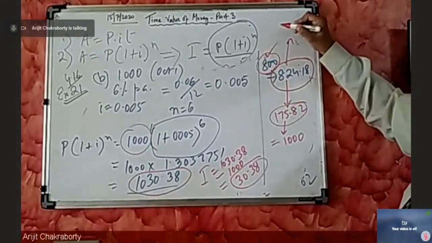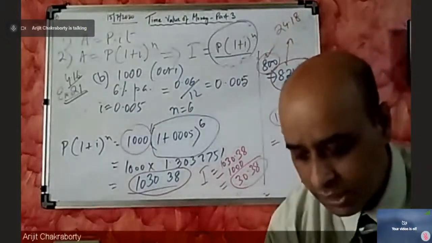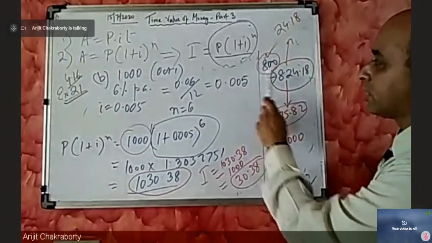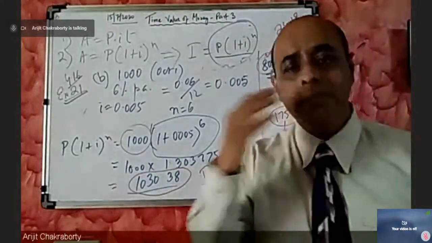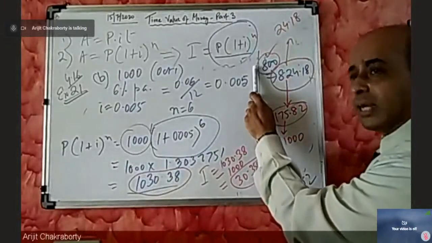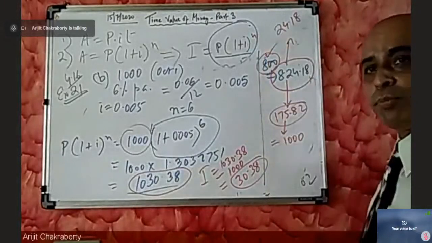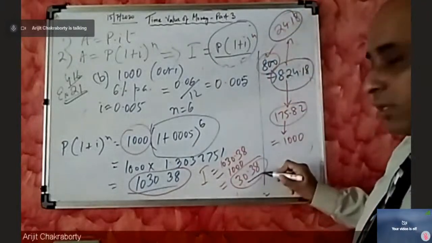So here he had earned 24.18. Right? Please see. He started with 800. On 1st October, he got 824.18, which means the interest he earned was 824.18 minus 800, which gives you 24.18. And now he gets an interest of 30.38.